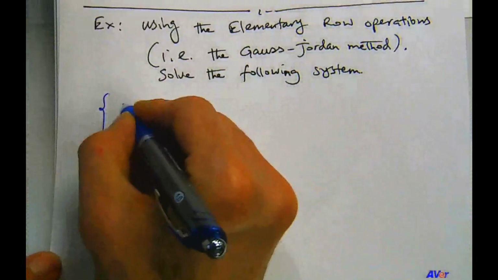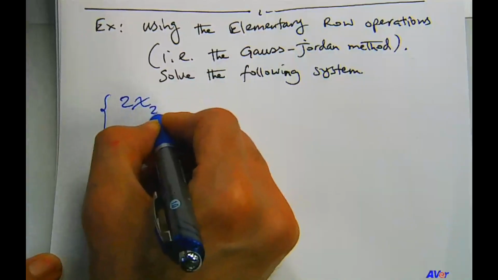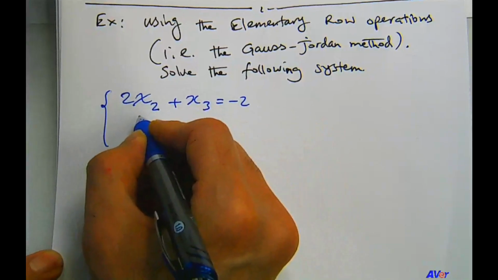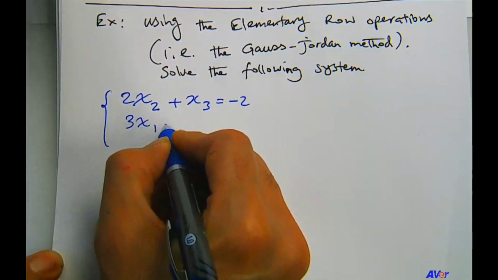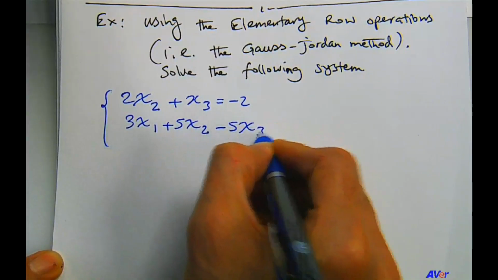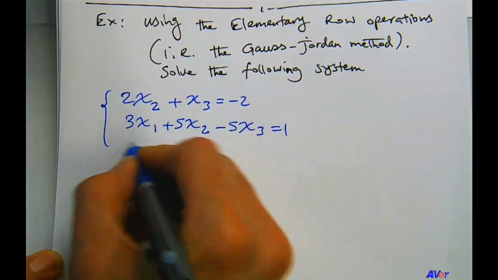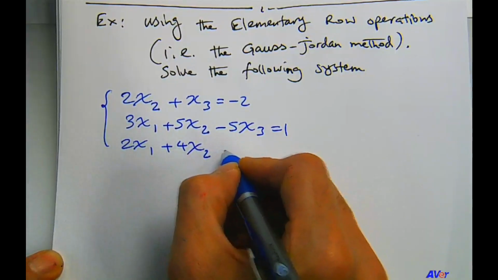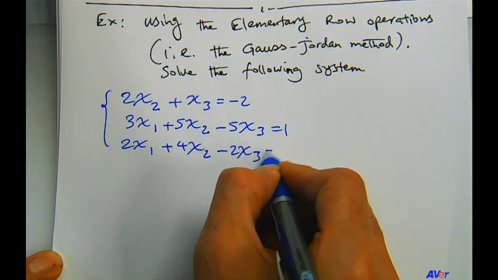Okay, so we have 2x2 plus x3 equals negative 2, 3x1 plus 5x2 minus 5x3 equals 1, 2x1 plus 4x2 minus 2x3 equals 2.